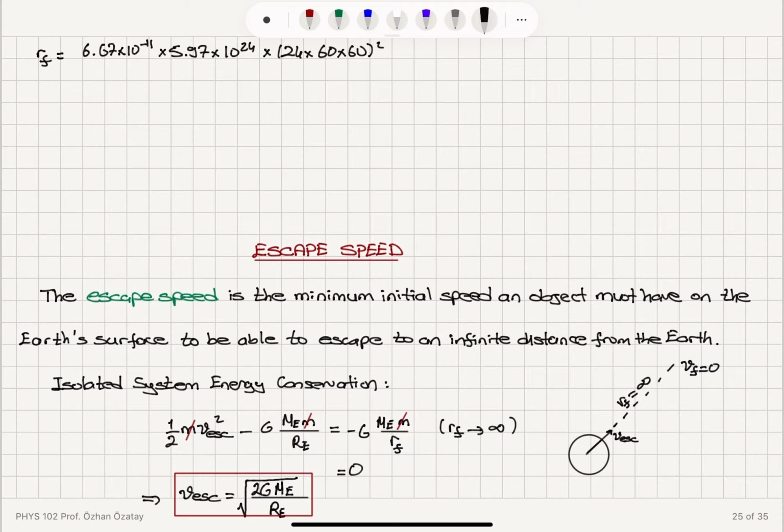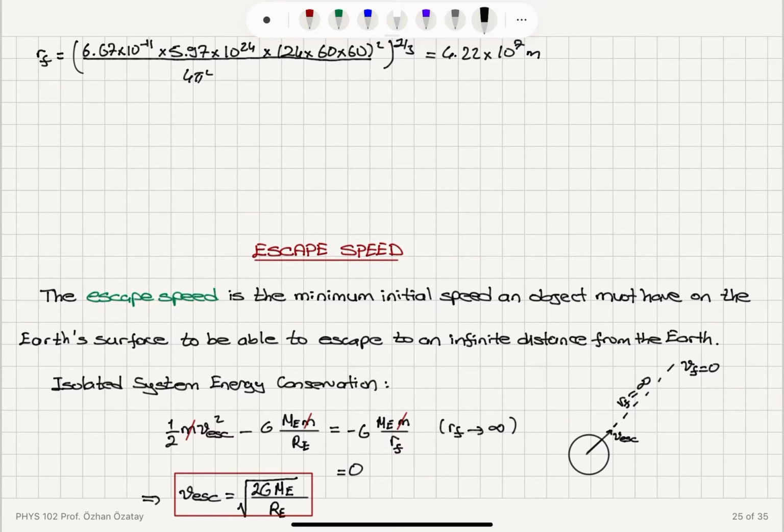This will be divided by 4 pi squared, and then we have to take the power 1 over 3. So this gives us 4.22 times 10 to the 7 meters.